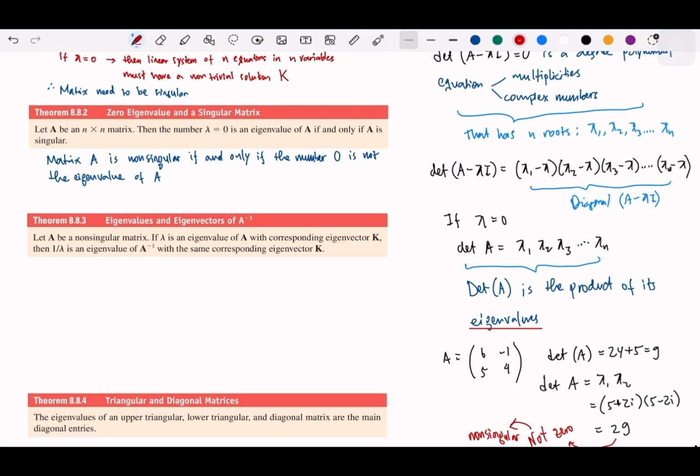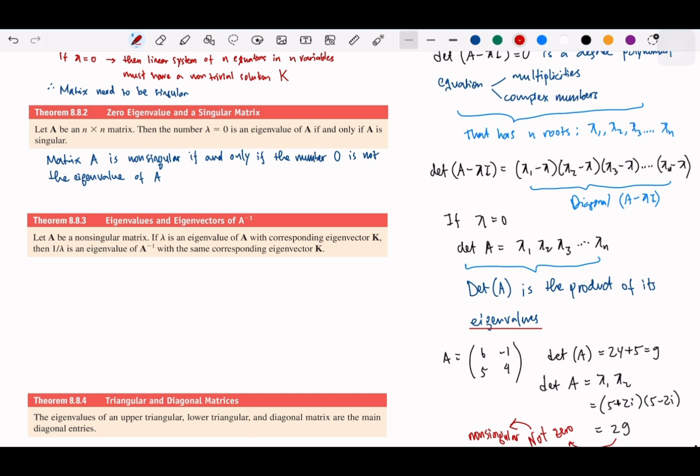Okay, the next two are also related to the diagonal. If you see the next theorem about the inverse, if you have A and you have the inverse of A, then if the eigenvalue of A is lambda, the eigenvalue for the inverse is 1 over lambda.